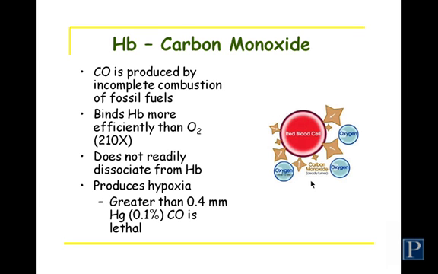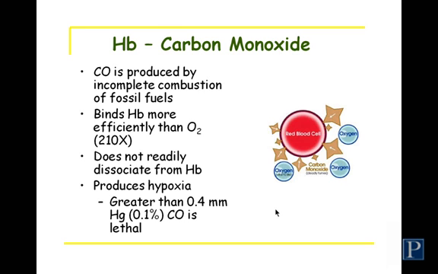Now, where does carbon monoxide come from? It is a product of incomplete combustion of fossil fuels. So if you own a home or live in a home that uses gas, you have a gas heater, anything like that, you have to worry about it. If you have a purely electric home, you don't have to worry about carbon monoxide poisoning. But you get it from gas heaters. You also get it, like you hear about people that stay in their car, keep their car closed, in a closed garage.